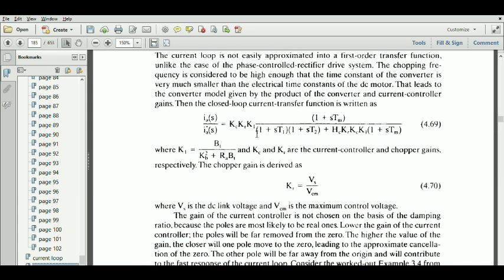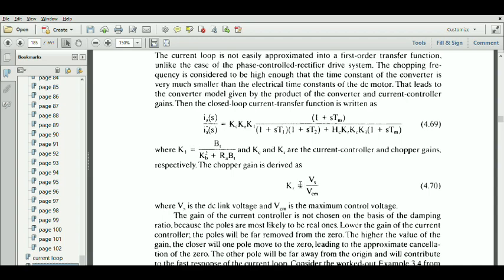Here K1 is equal to B1 by KB square plus RB BT. This is the motor constant. When you model the motor, you get the motor model as B1 by KB square plus RB BT into 1 plus STM.